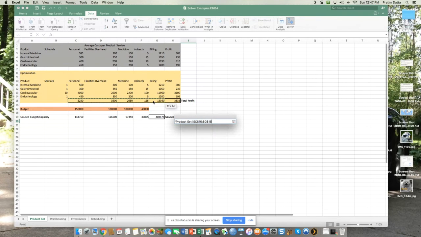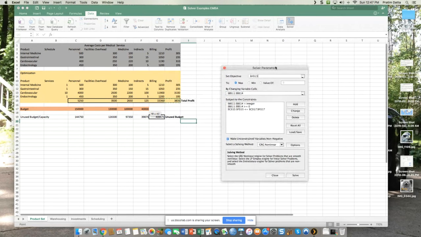As your costs change, we also have to make sure that we're staying under budget. So our total cost for offering each service should be less than or equal to our budget. Less than or equal to, right? So we want to stay under budget.